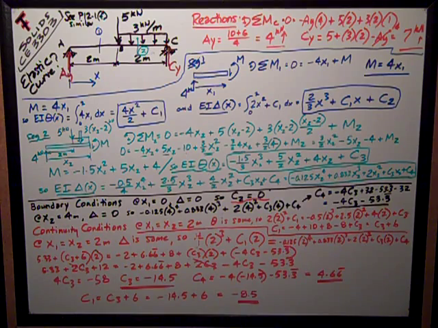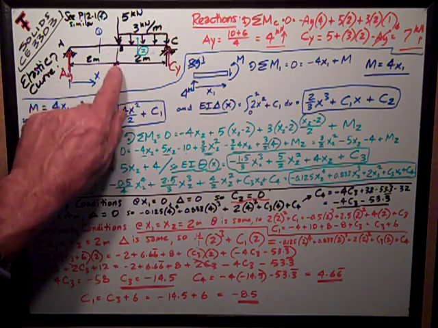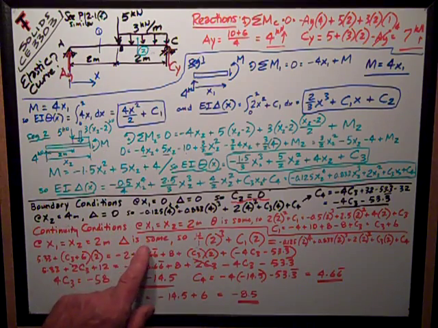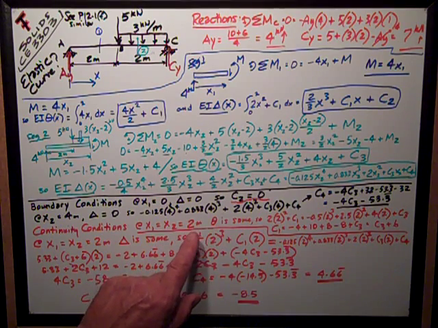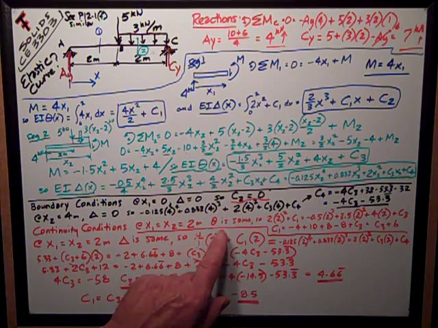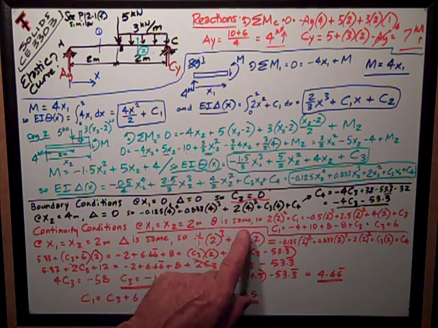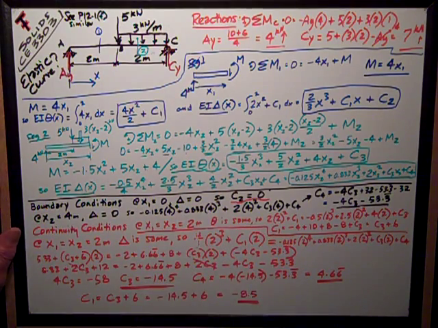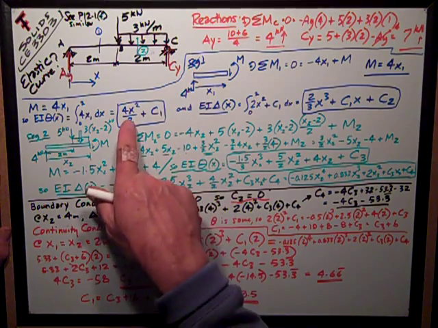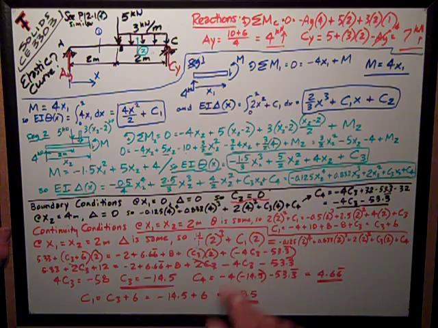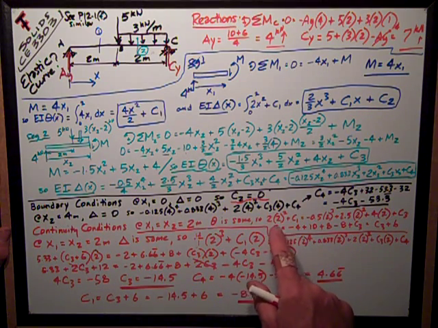Okay, now I still have two unknowns. I have two continuity conditions that I can use. And they are that at x equals 2, right here in the middle where my two equations come together, at x1 equal to x2, which are both 2 meters, the slope is the same. So those two expressions have got to be equal. So I plug 2 into this equation and this equation, and I get this.